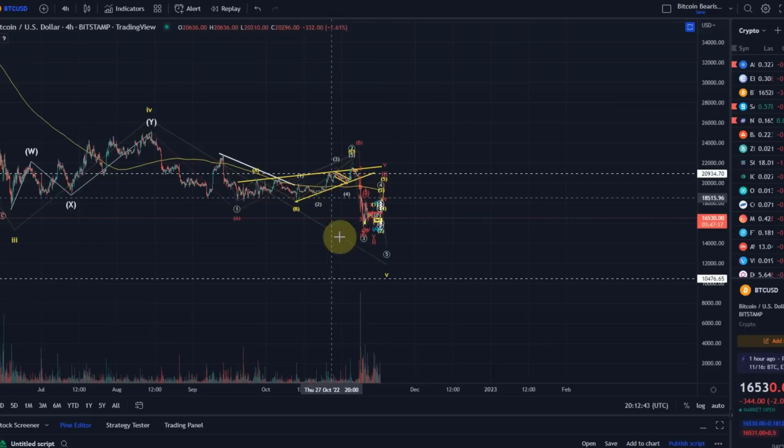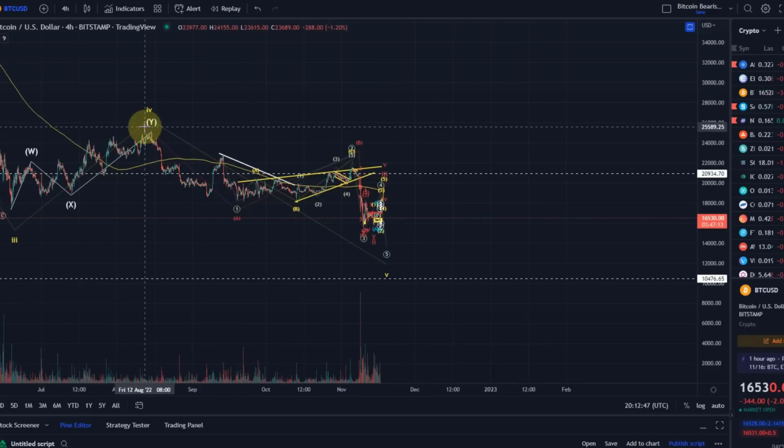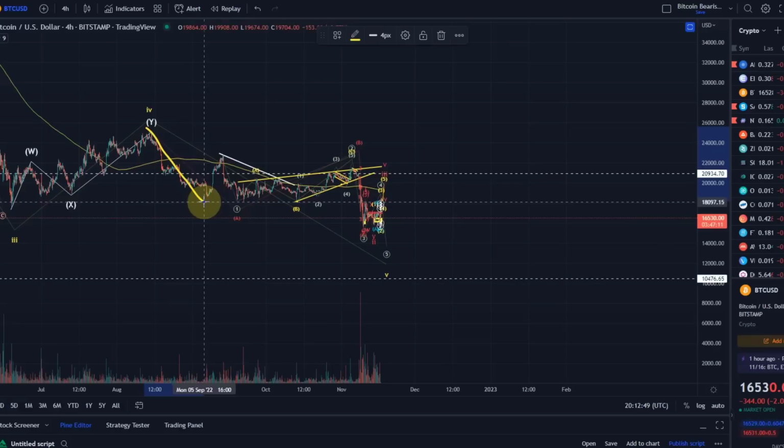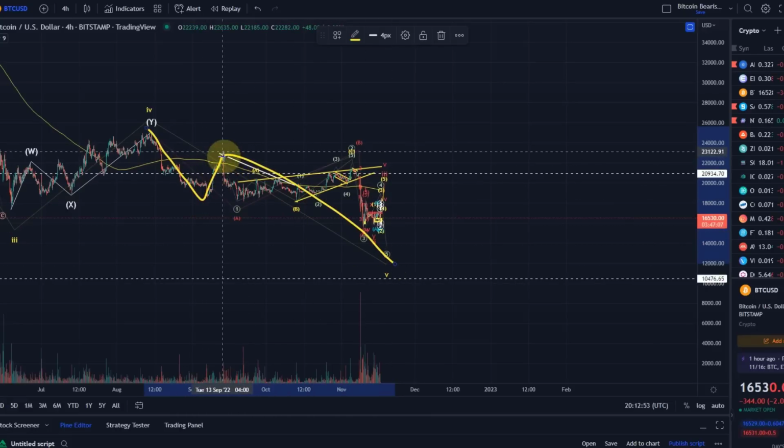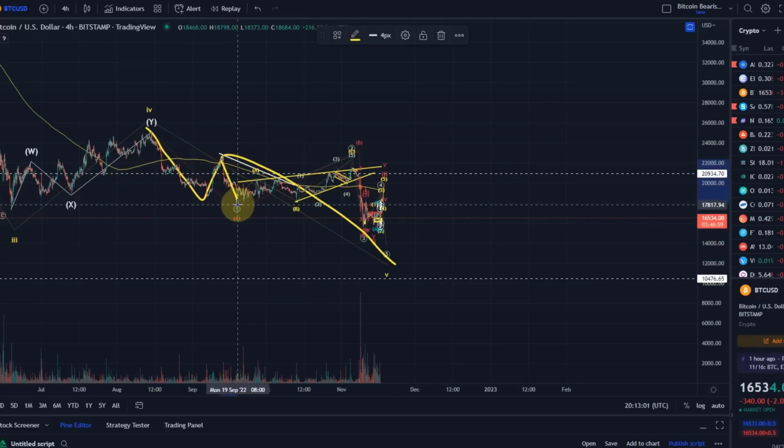Then there is the other count, which is the green count. That just has a different structure. Also possible: wave A here, wave B there, and then the wave C down. In the wave C, which is a larger pattern, there is more downside potential. In this wave C, we have already seen the wave 1 that was early or middle of September. We've moved up in a wave 2.